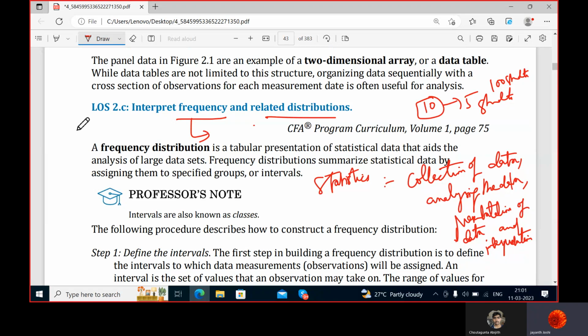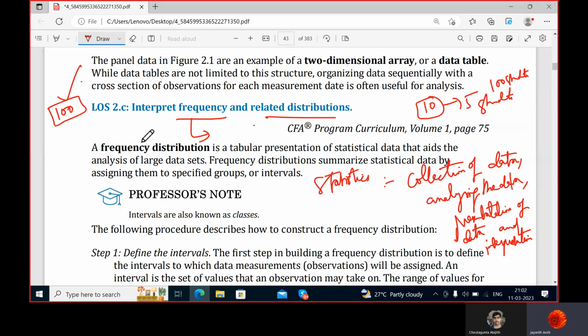For example, I have already given you the example, suppose there are 100 students, and an exam has been conducted for those 100 students, and the paper was of 100 marks.